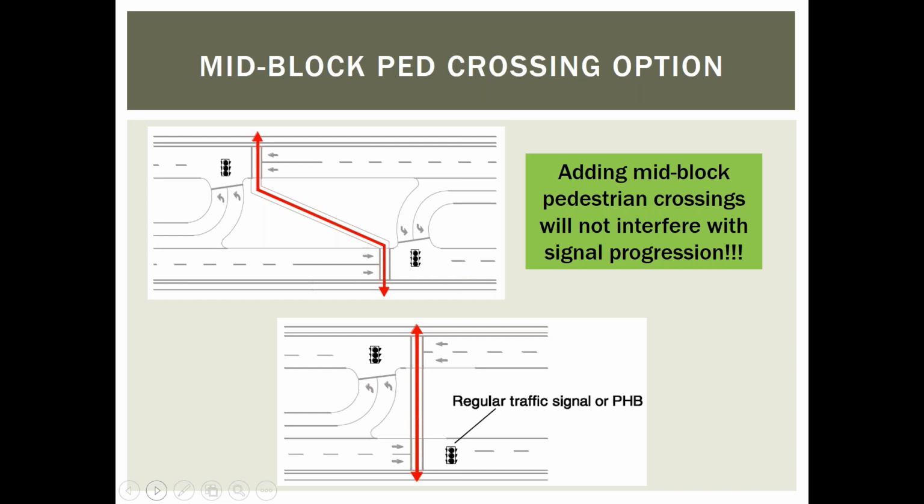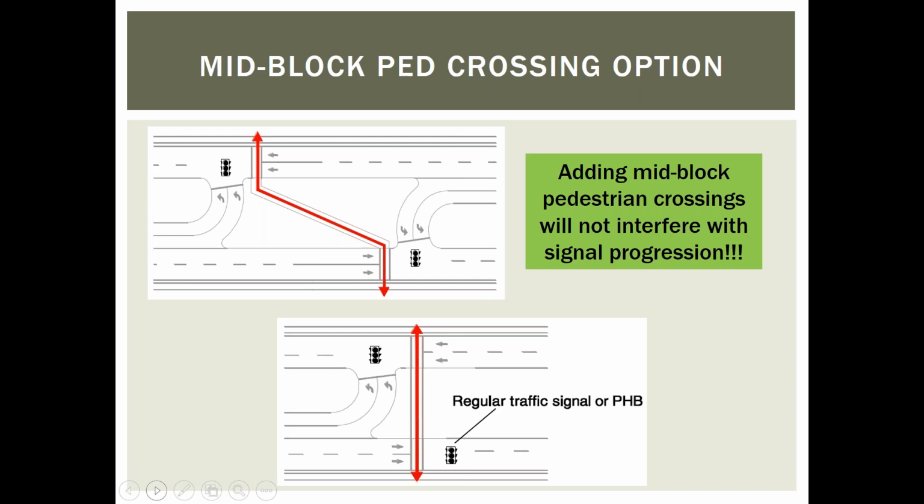Now, if we don't have a corridor of these, and if we're just having, say, an isolated one, or if there's a great distance between the R-CUT intersections, you can still have a mid-block crossing, but for the one direction that wouldn't otherwise be stopped, we could either add a regular traffic signal to stop that movement, or do something like a pedestrian hybrid beacon to stop that traffic.